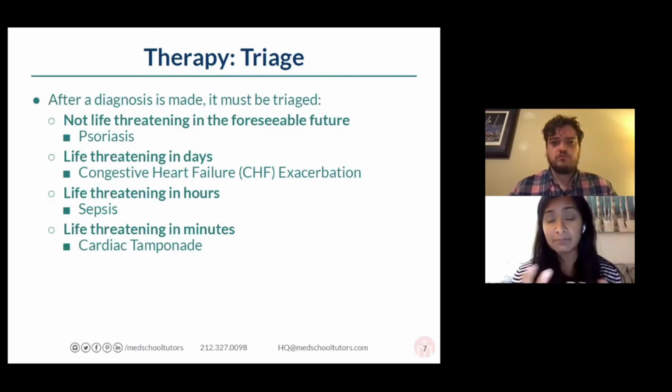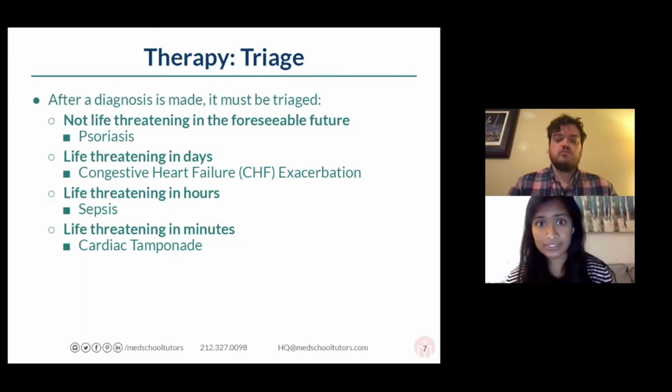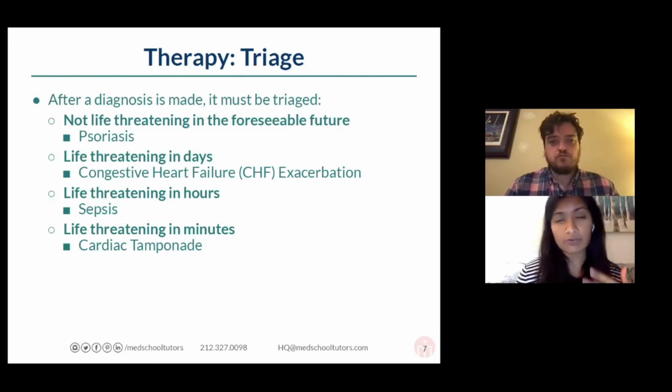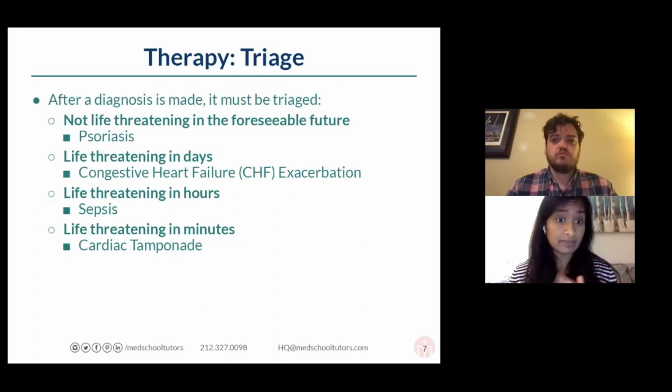So figuring out if someone has fluid overload, they look edematous, their EF is 20%, they have a history of a STEMI 5 years ago, all of that clinical picture looks like a CHF exacerbation. Think, is CHF going to kill you in the next hours to minutes? Probably not, right? But CHF, untreated for a long period of time, will lead to deadly complications long-term. So again, admission, but not ICU.